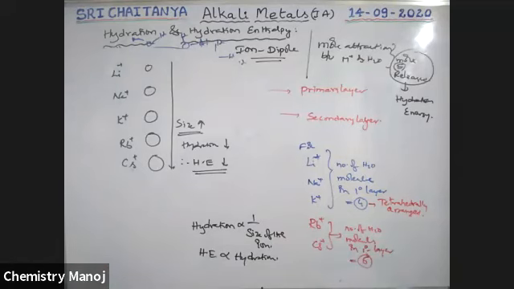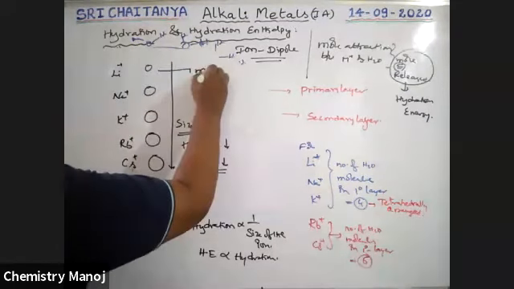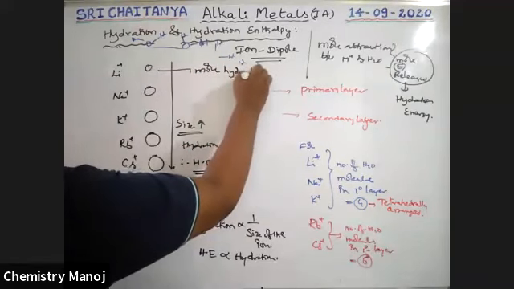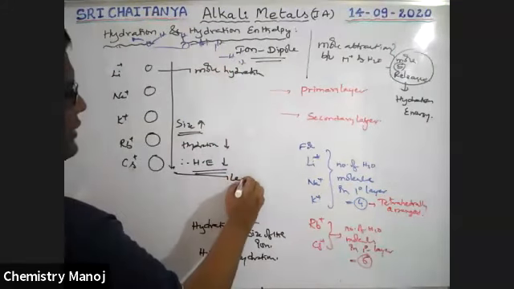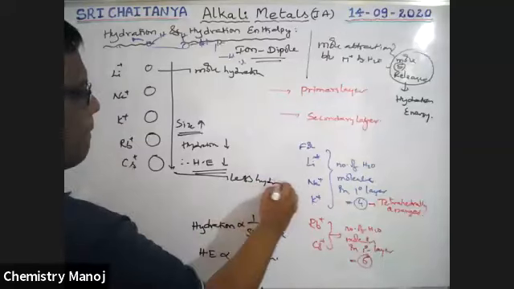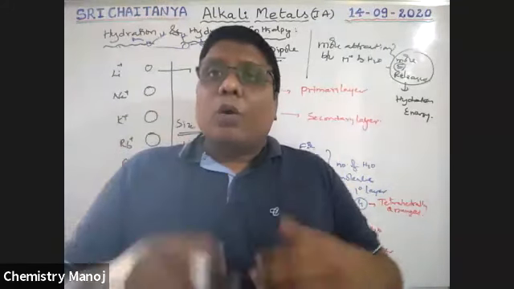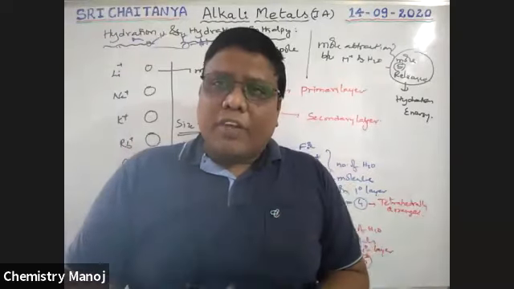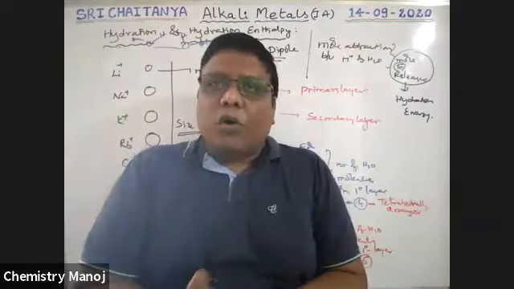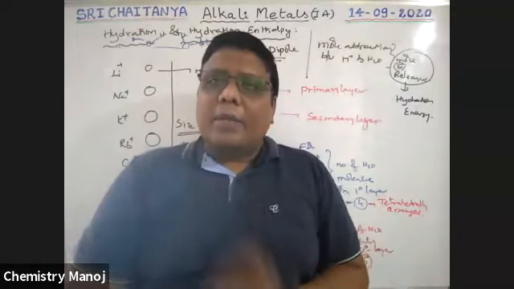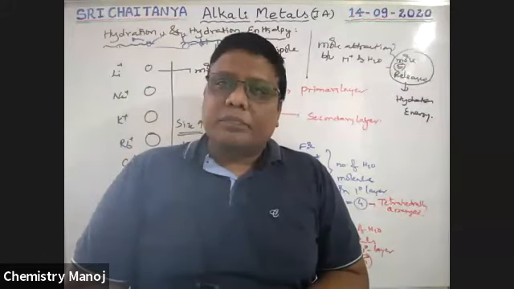So here there is more hydration, and here less hydration is possible. More hydration means more layers are formed. As more layers are formed, automatically the size is more. Therefore, the hydrated lithium ion has more size.